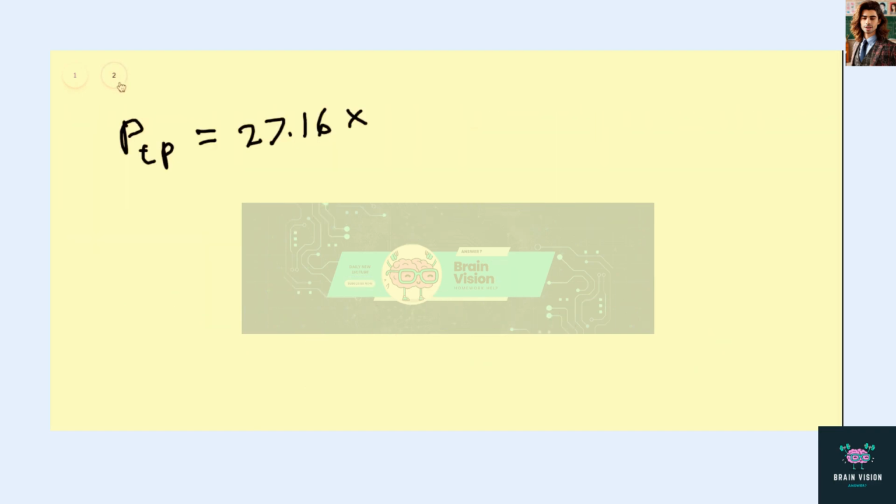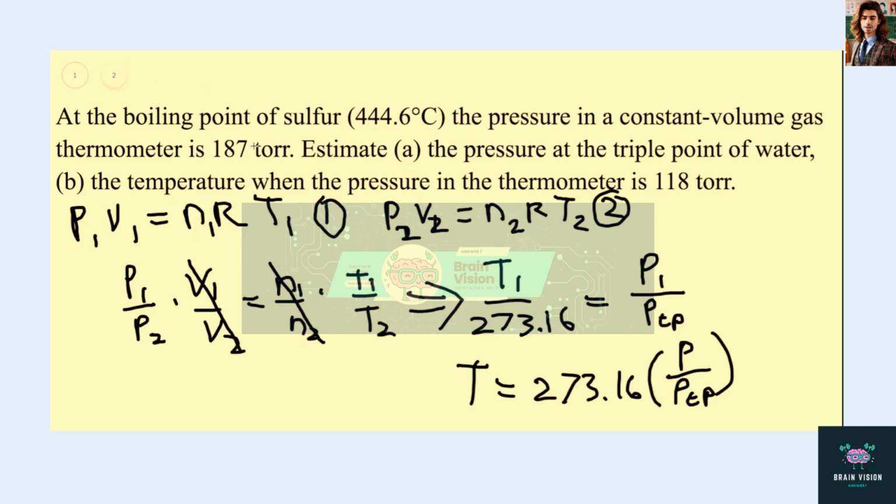So PTP is 273.16 times the pressure over the temperature is our estimation. We are given that the pressure is equal to 187, so our answer will be in torr as well.